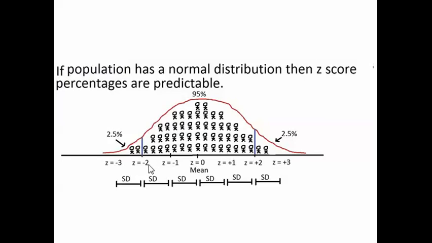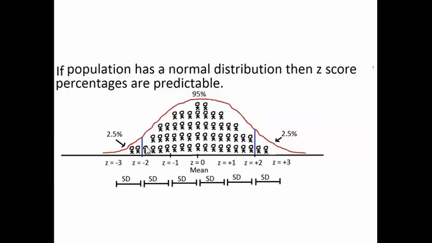So a person with an IQ of 70 is at -2, and a person with an IQ of 130 is at +2. Since IQ scores follow a normal distribution in the population, we know that 95% of the population has an IQ between 70 and 130, because like I said, if the population is normal, then 95% of the population falls between the z-scores of -2 and +2.